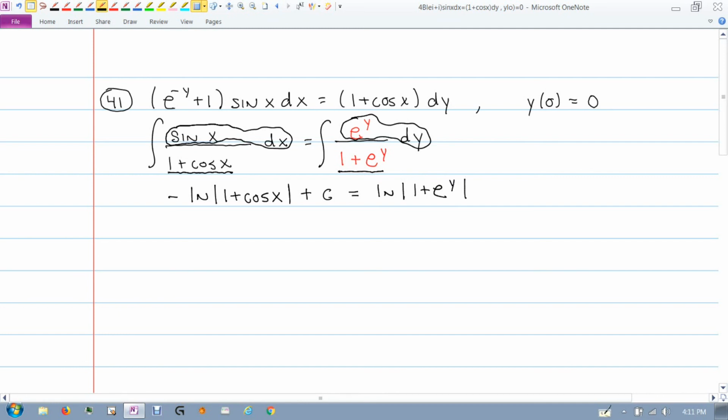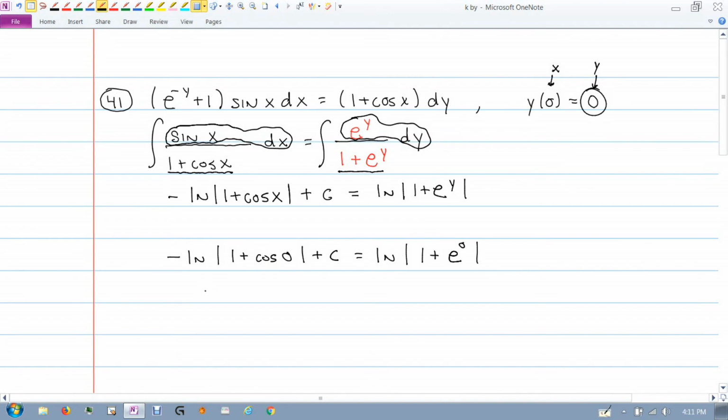All right, so this is my solution. Now I'm going to use the fact that when I plug in x equals 0, I need to have y equals 0. So let's just rewrite this now. Negative natural log 1 plus cosine, I'm plugging in 0 for x, plus some constant must equal natural log of 1 plus e to the y, but when I plug in x equals 0, I need y to be 0, so this is also going to be 0.